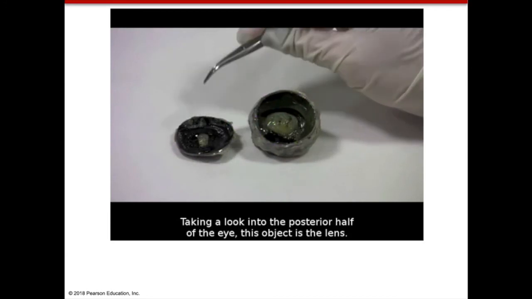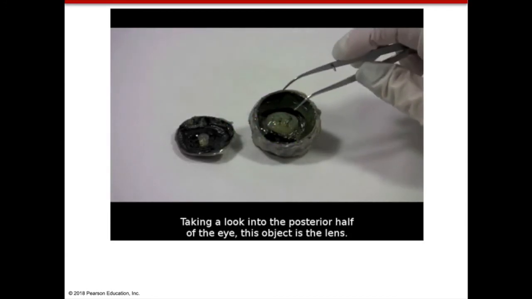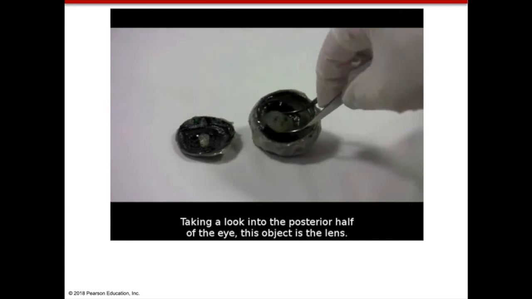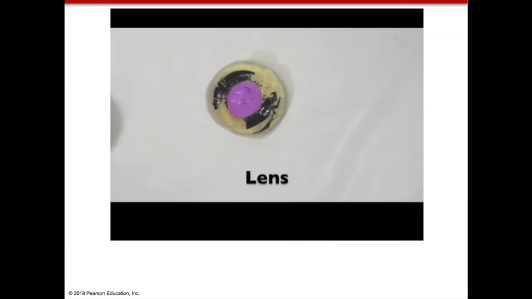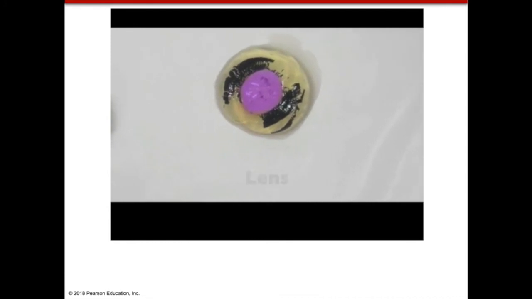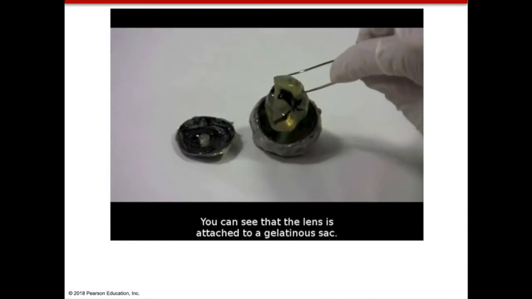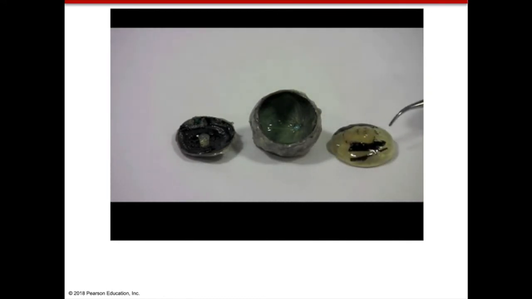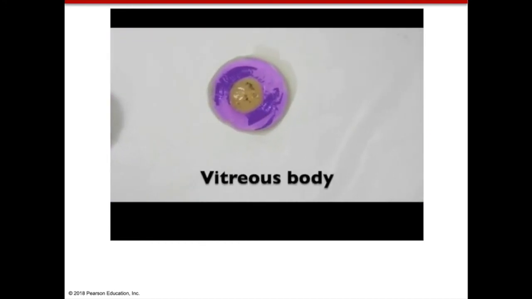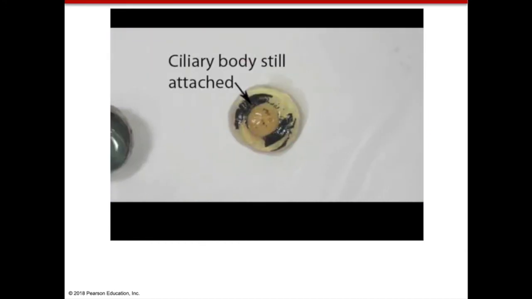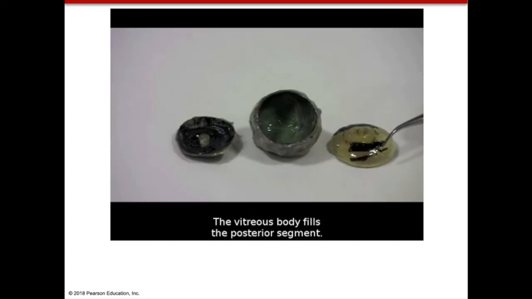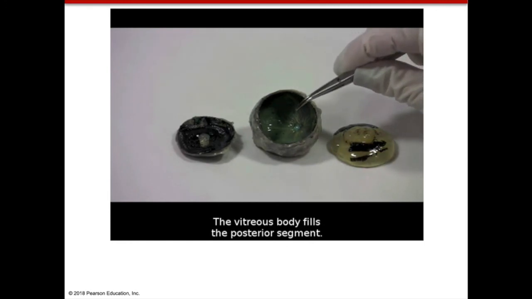Taking a look into the posterior half of the eye, this object is the lens. You can see that the lens is attached to a gelatinous sac. That's called the vitreous body. The vitreous body fills the posterior segment.